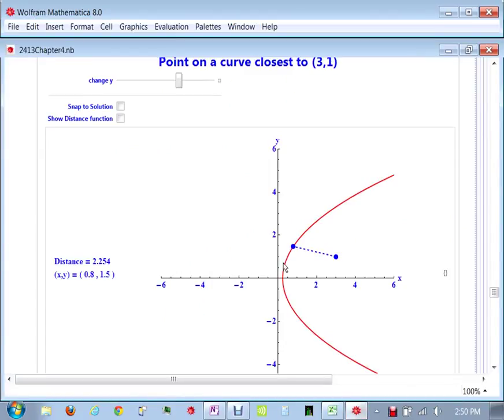Why don't I go out to this picture right here, and why don't I snap to the solution? And what's the solution? 1.8, 2.5. And the actual distance is 1.9. How do I get the distance? Go back to that capital D equation before you took the derivative and plug your x and y into it.